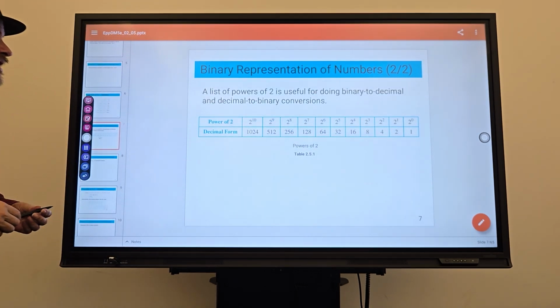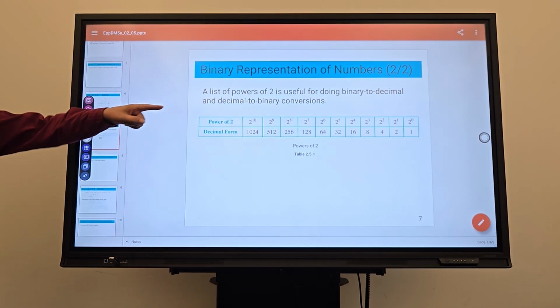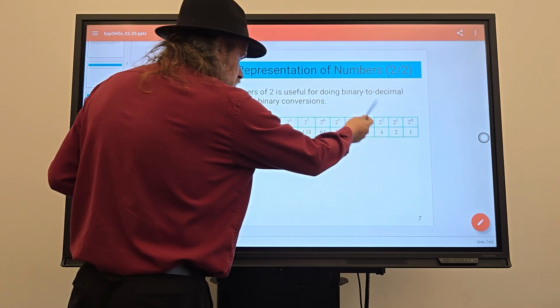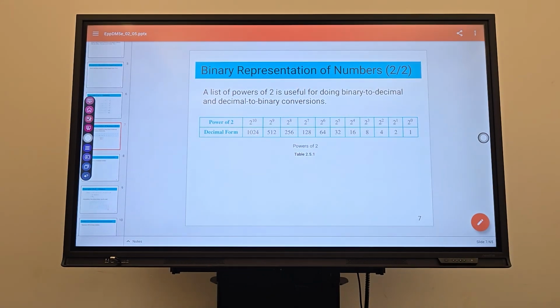But knowing the powers of 2 is handy for number conversions and general computer science and computer engineering, knowing how many combinations there are given a number of lines or columns. These are the powers of 2 up to 2 to the 10th.